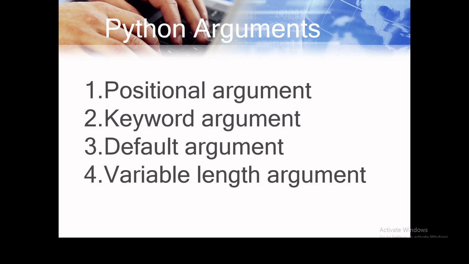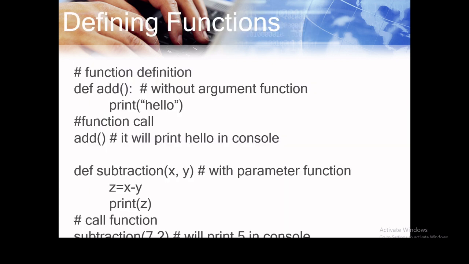But what is the difference between parameter and argument? Let me go to the previous slide and show you. Suppose this x and y: during definition of the function, whatever variables you are passing, these are called parameters, and during calling of the function, whatever values you are passing, these are called arguments.